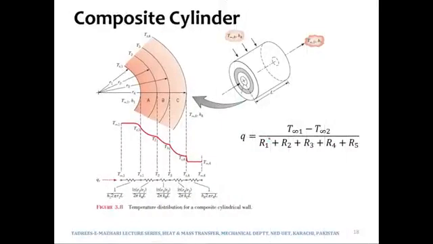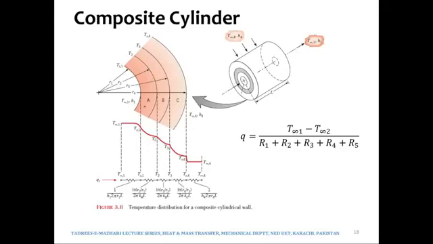Now let's take a composite cylinder. Composite cylinder means a cylinder composed of more than one material. So there are three materials. A composite cylinder is very easy to understand. If we have a steel pipe wrapped in insulation, there are two materials.